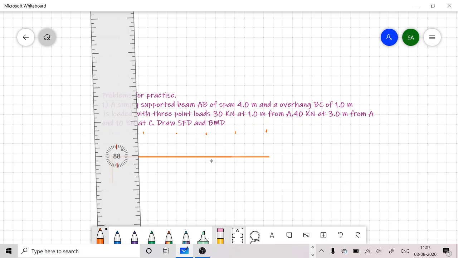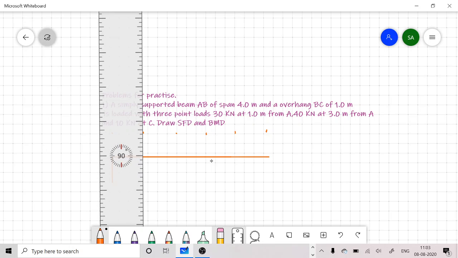These are the supports I am drawing, the load given.